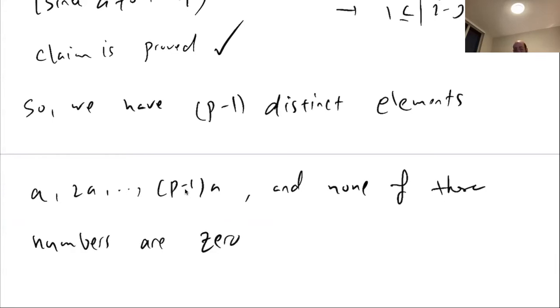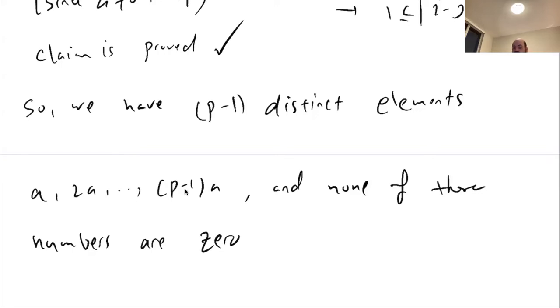Because a is not 0. Remember, my original assumption was that a is not 0. So if a is not 0, 2a is also not 0, all the way to p minus 1 times a is not 0. Remember, we are in Zp. Our universe is Zp.